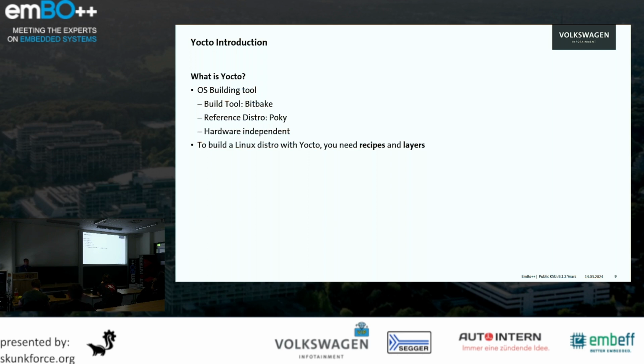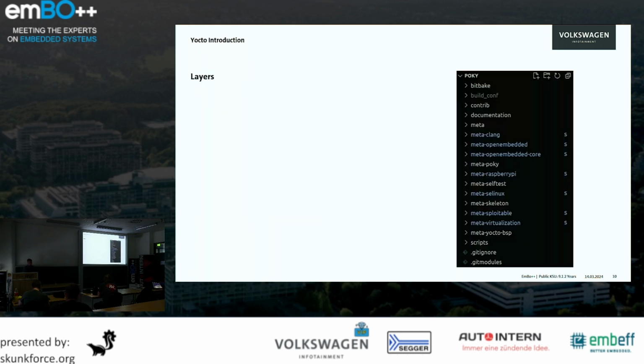And I would explain the main functionalities in recipes and layers. So Yocto layers are quite nice from an organizational point of view, because if you check out the Poky GitHub project, you get this big folder, and this is one Git repo. You see all the blue sub-repos in here.